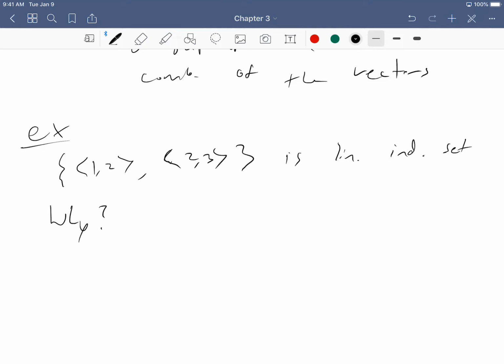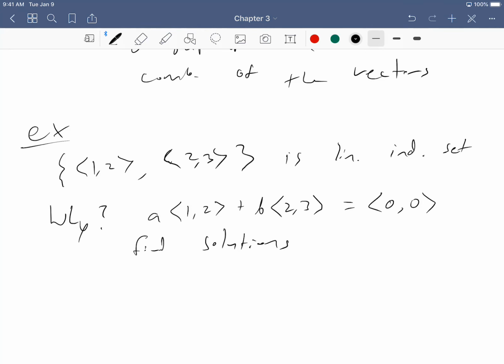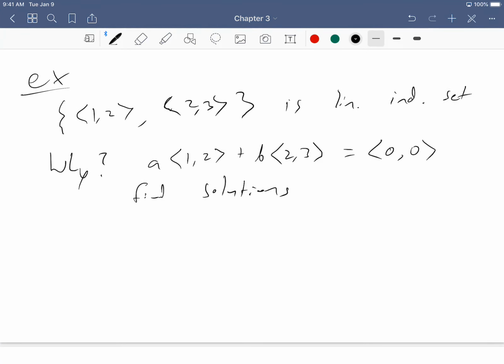And in order to show why, what we do is we set up, could I make A times (1, 2) plus B times (2, 3) into (0, 0)? So what are the solutions to this? I'm going to multiply through by A. So I'll have (A, 2A) plus (2B, 3B) equal to (0, 0).